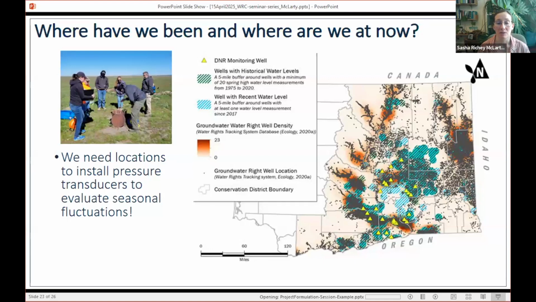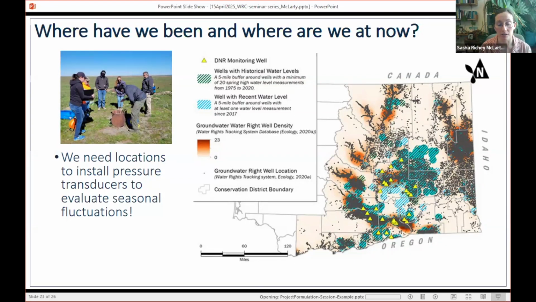And so we want to be able to capture higher temporal variability in groundwater level fluctuations to make sure the analysis that has been done so far for GRACE is accurate, from an academic perspective, and to see if there's anything else that we can learn in comparing ground-based and remotely sensed observations. And then from a management perspective, to better understand the recharge and discharge dynamics of groundwater throughout the growing season.